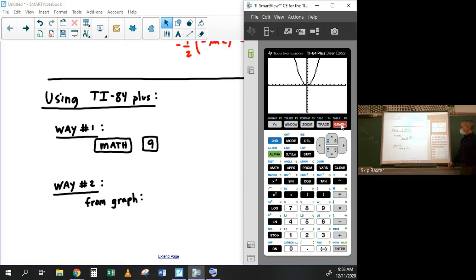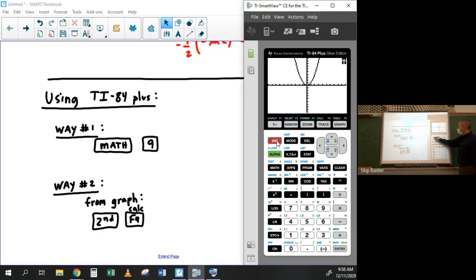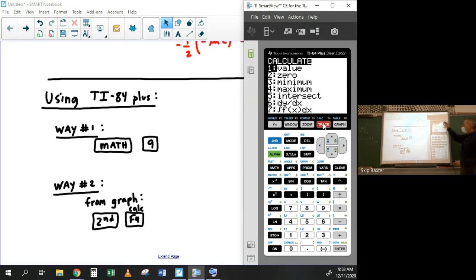And then I would just press second calculate, so second F4, which is calculate.